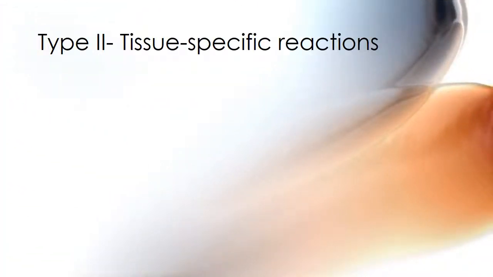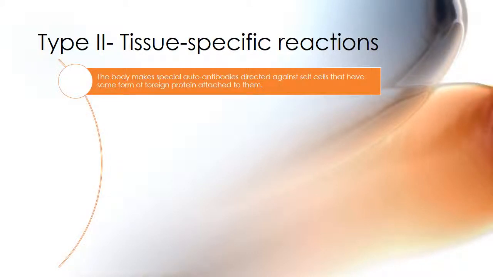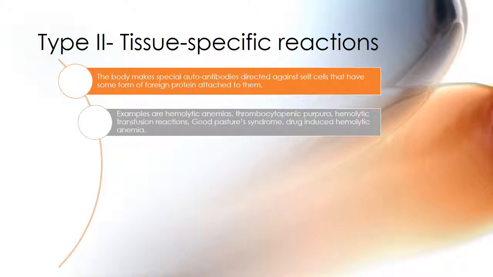Okay, so let's discuss type 2 tissue-specific reactions. The body makes special autoantibodies directed against self cells that have some form of foreign protein attached to them. Examples are hemolytic anemias, thrombocytopenic purpura, hemolytic transfusion reactions, Goodpasture syndrome, and drug-induced hemolytic anemia.